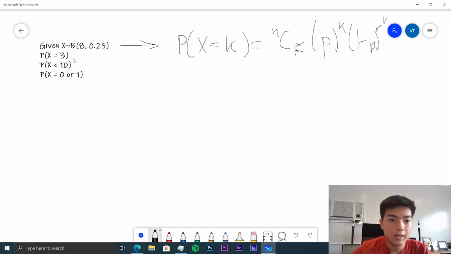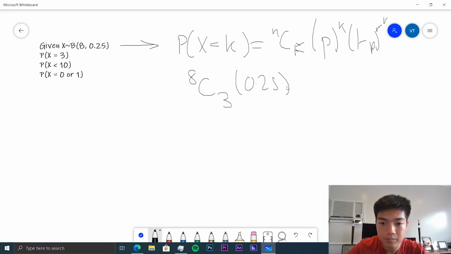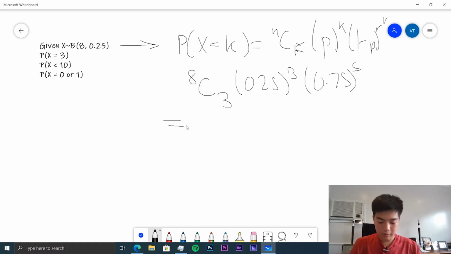So the chance that X will be 3 is 8 choose 3 times 0.25 to the 3 times 0.75, which is 1 minus 0.25, to the 5. So this should be 8 choose 3 times 0.25 cubed times 0.75 to the 5, which is approximately 0.208.